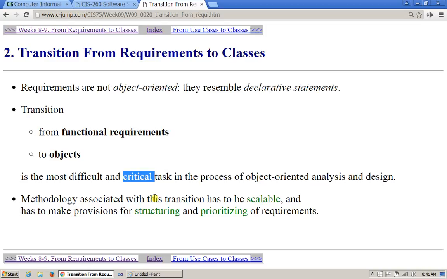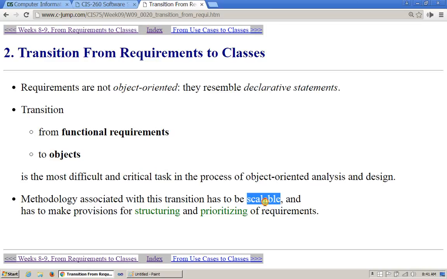All right, so the methodology associated with this transition has to be scalable and has to make provisions for structuring and prioritizing of requirements. We said that the use cases should be prioritized, and therefore their review impacts, if you will, an order in which we design our classes.